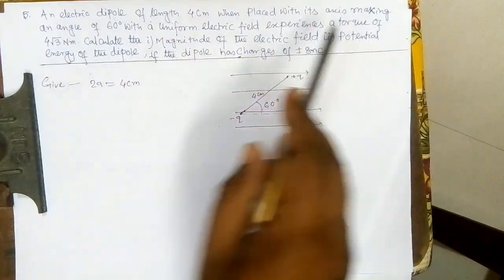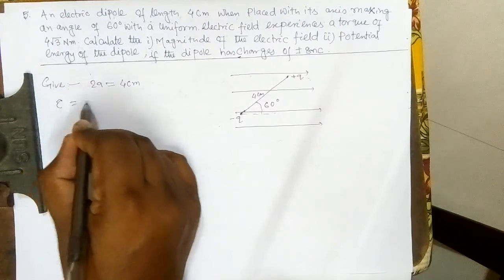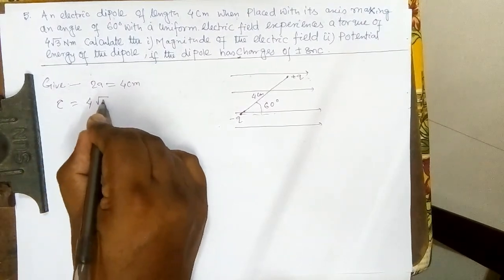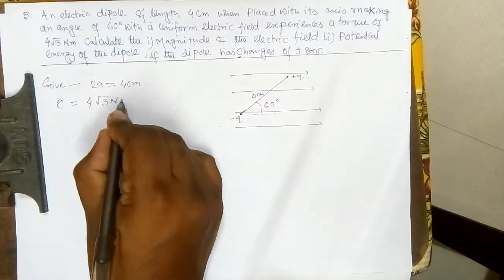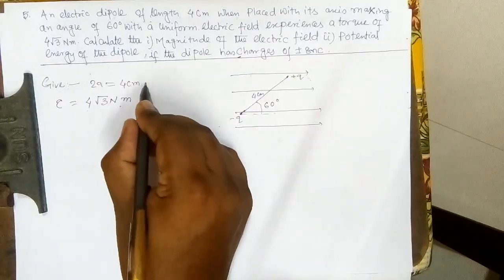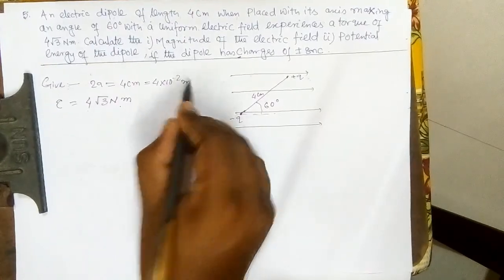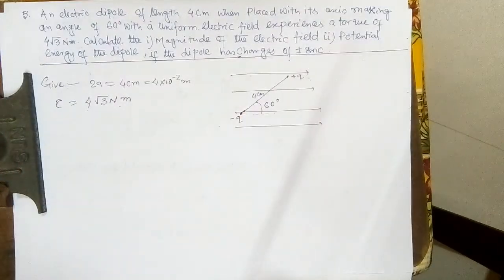It experiences a torque of 4 root 3 Newton meter. Here it is given in SI, and the length is in CGS, so 4 into 10 to the power minus 2 meter, that we have to change.